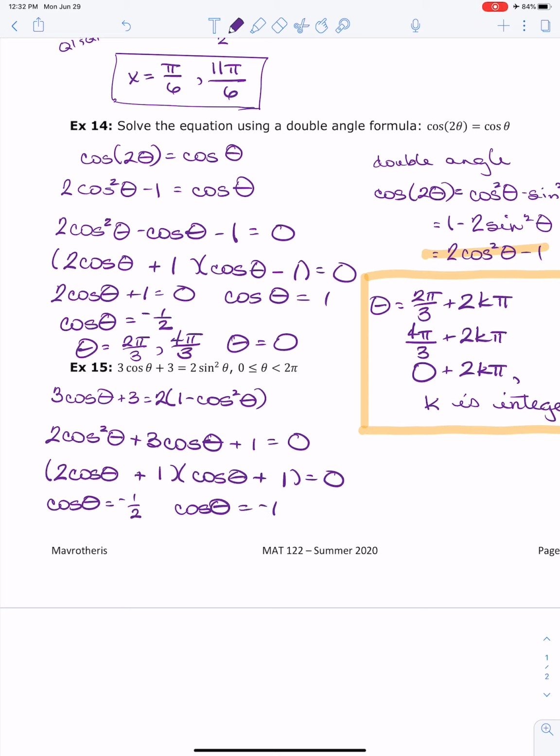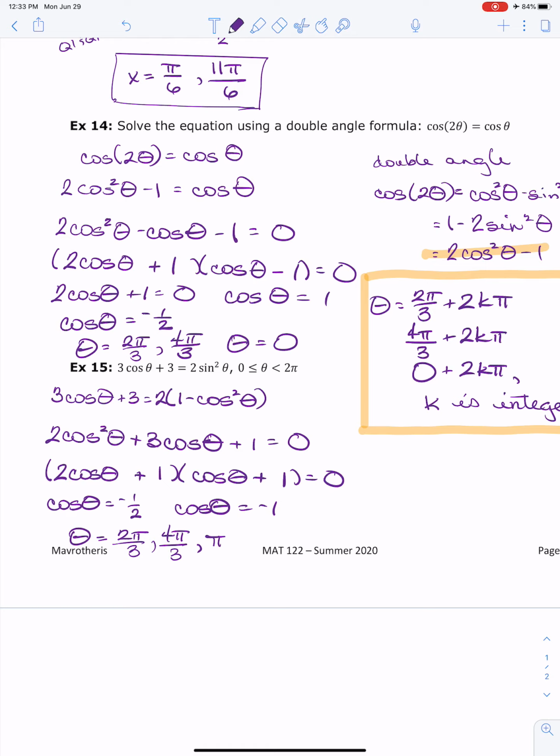Cosine theta equals negative 1. Cosine theta is negative 1/2 at theta equals, same as above, 2 pi over 3, 4 pi over 3. And my other theta here, cosine theta is negative 1 at pi.